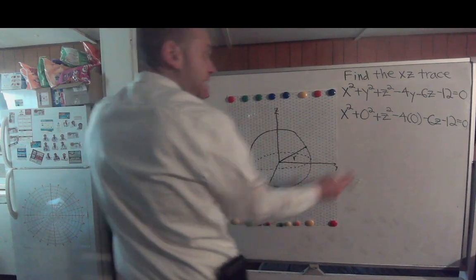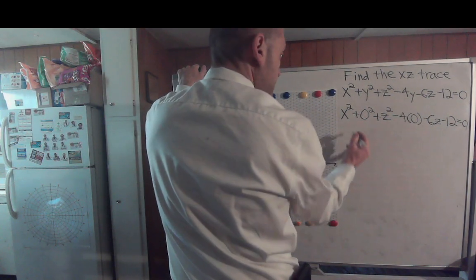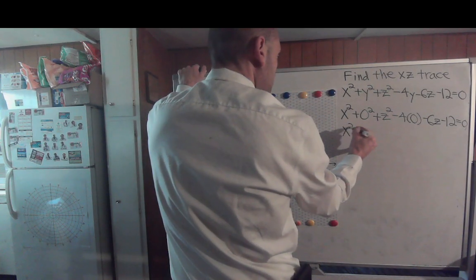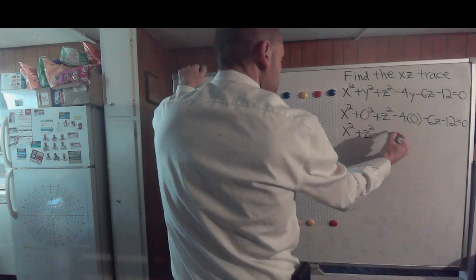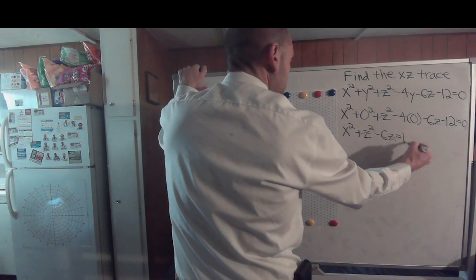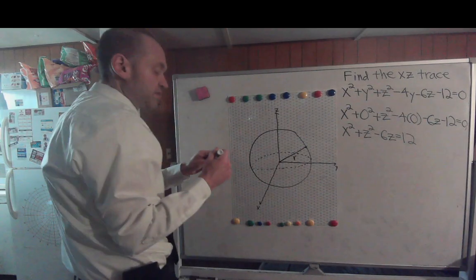Let's simplify this. All these zeros go to 0, so this turns into x squared plus z squared minus 6z equals 12, because I just moved the constant from the left-hand side to the right.